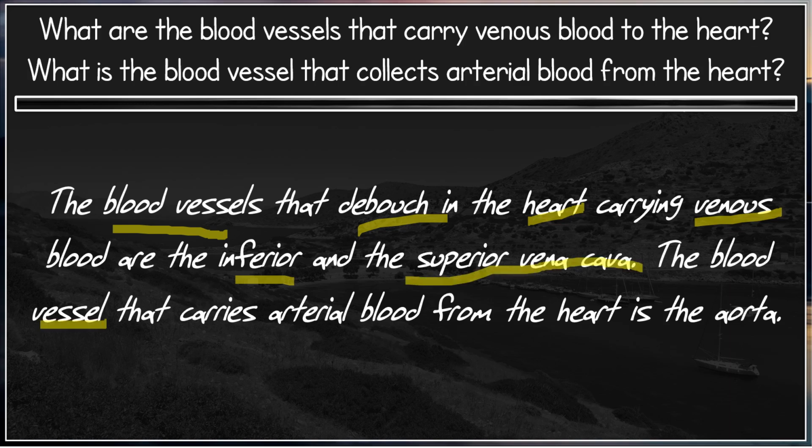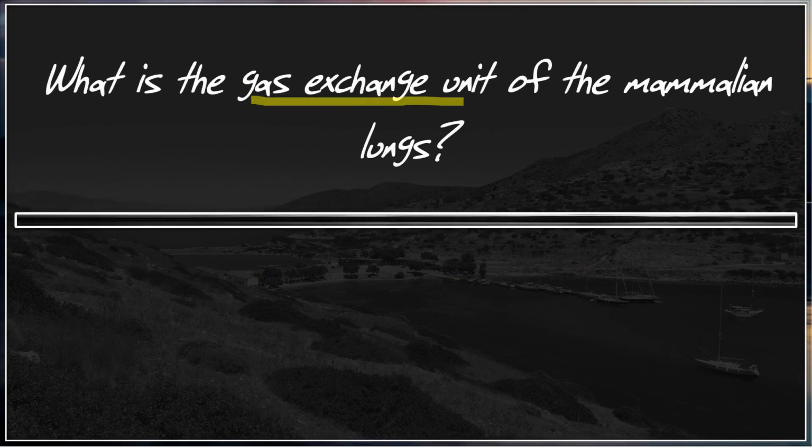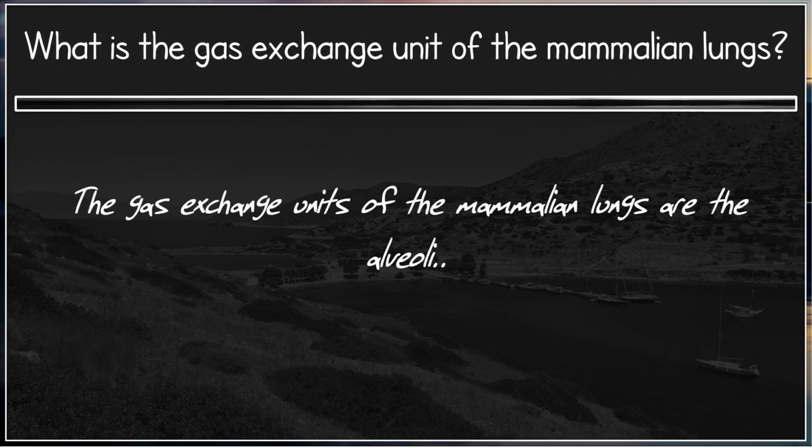The blood vessel that carries arterial blood from the heart is the aorta. What is the gas exchange unit in the mammalian lungs? The gas exchange unit in the mammalian lungs is the alveolus.